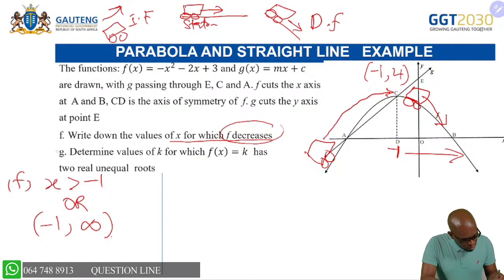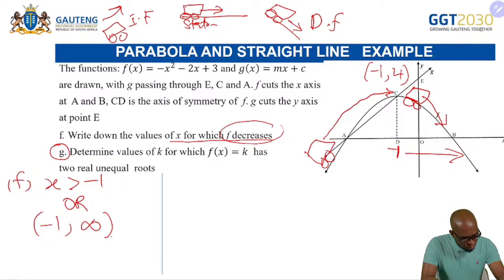Right. The last question here, G, they say determine the values of k for which f of x is equal to k has 2 real but unequal roots. Now, if you check here, f of x is equal to k.